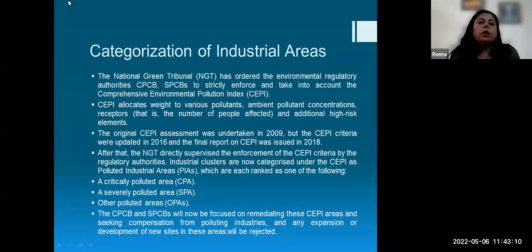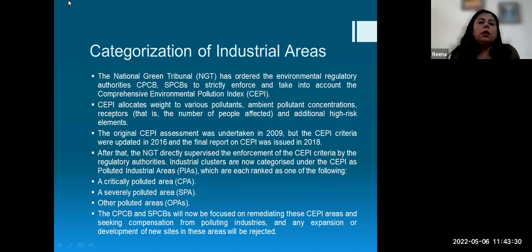There are standards and guidelines on the Central Pollution Control Board website, or if you search on Google regarding the allocation of the Comprehensive Environmental Pollution Index, you will get the guidelines in PDF format, and you can definitely go through them in detail.